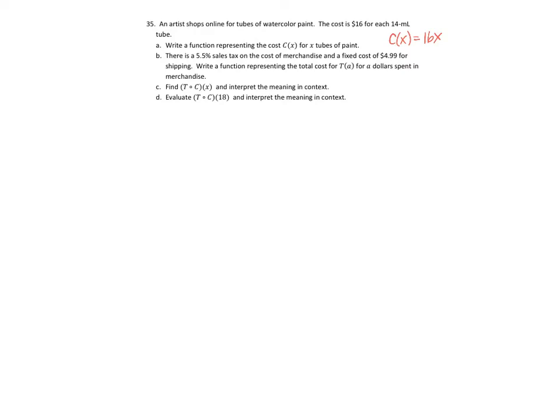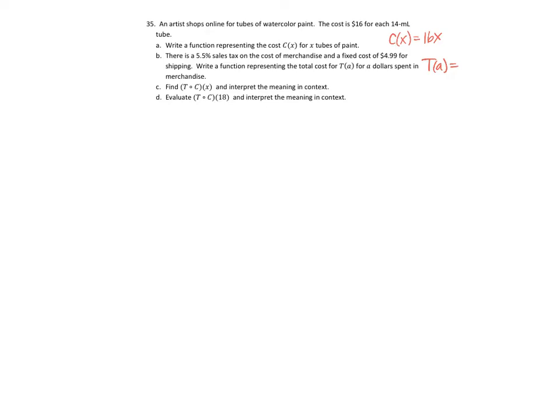Then it says there's a 5.5% sales tax on the cost of merchandise and a fixed cost of $4.99 for shipping. Write a function representing the total cost, T of A, for A dollars spent in merchandise. So we'll have T of A is equal to, it's a 5.5% sales tax.